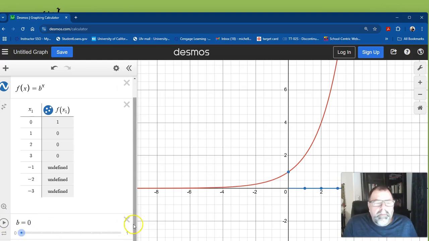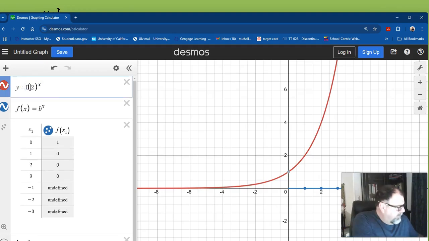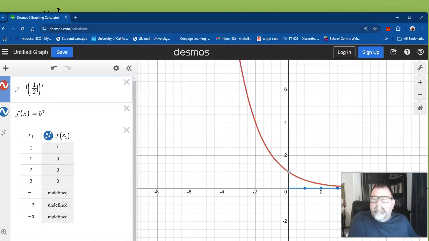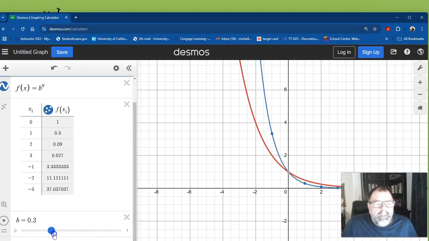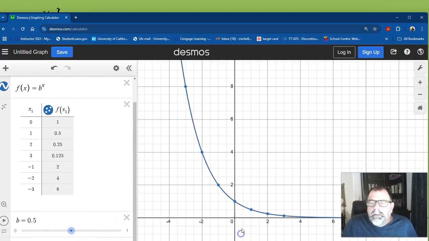So that's why we don't have the graph here. But then let's change this to 1/2. We'll change this to 0.5, which is 1/2. And then you can get the points that we just did.